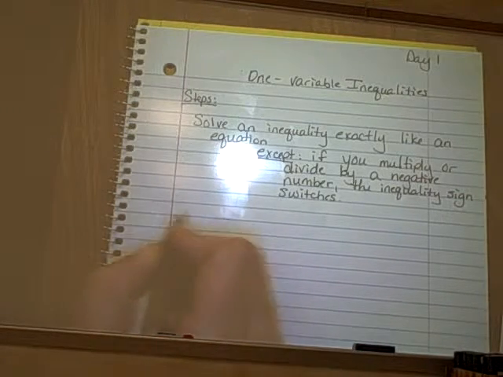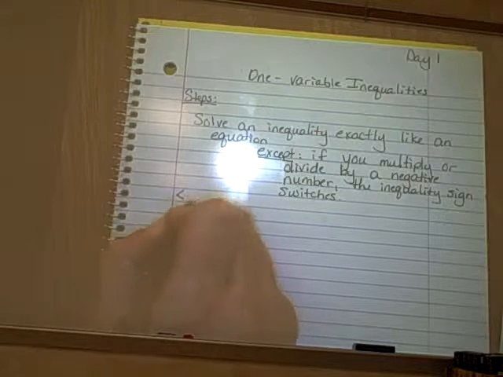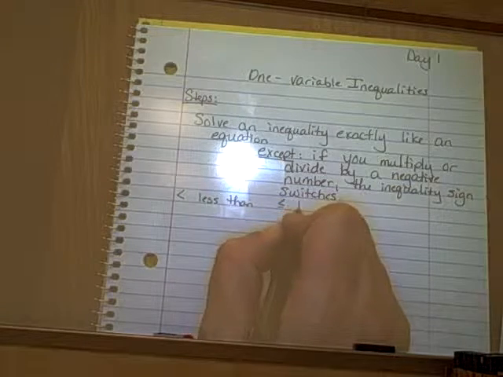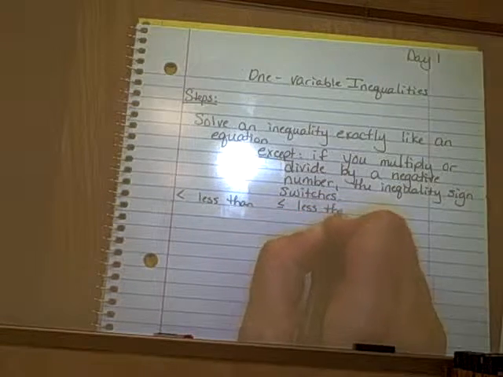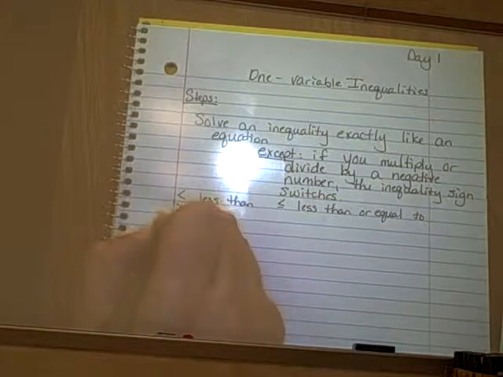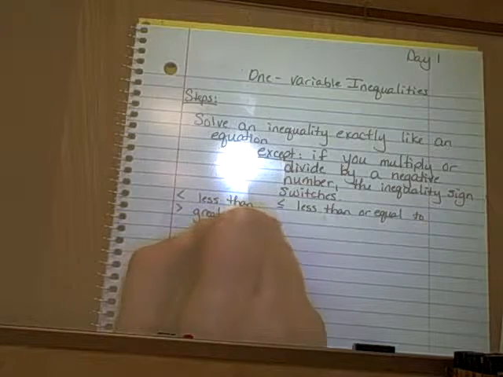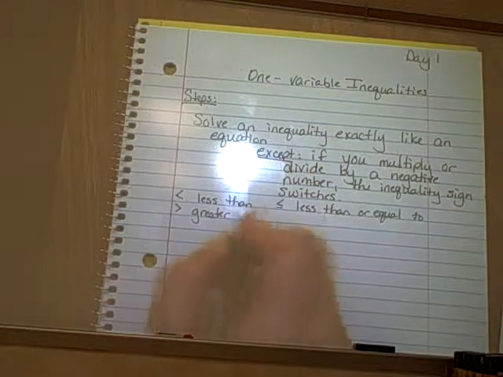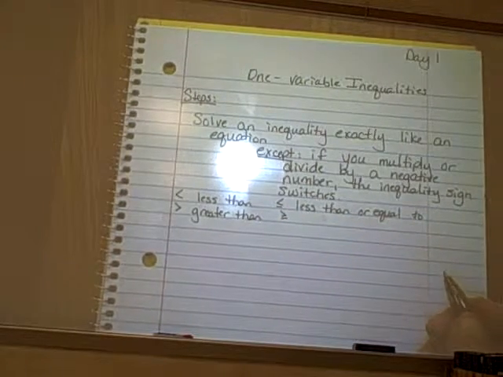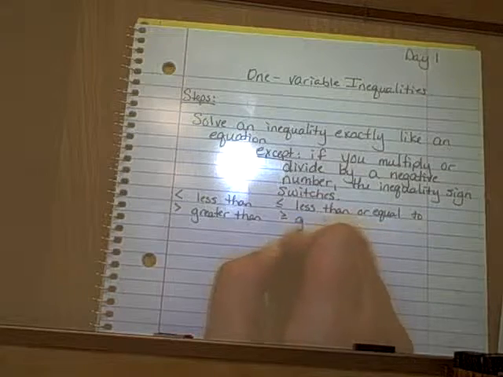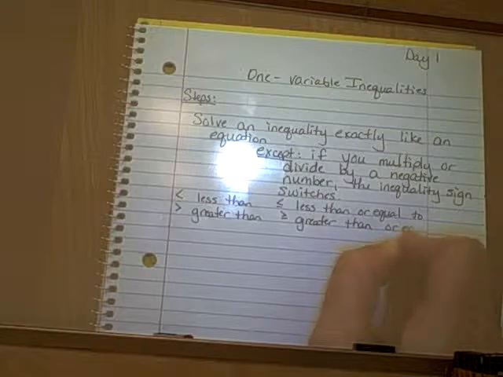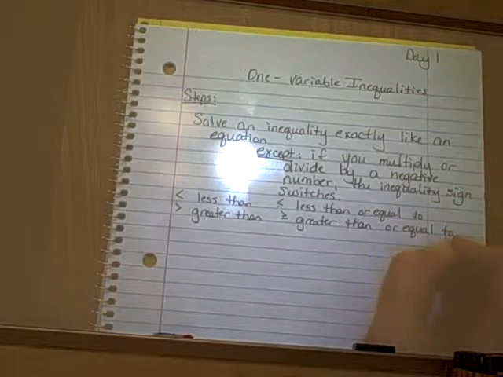So remember, this is less than, this is less than or equal to, this one is greater than, and the last one is greater than or equal to.